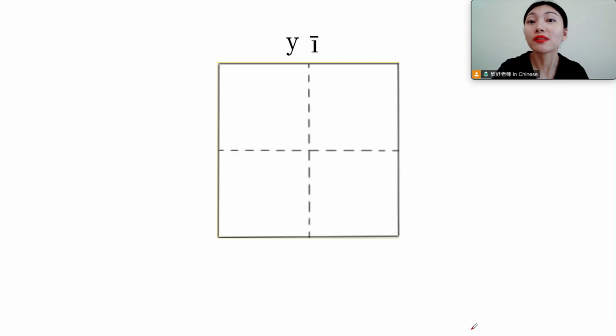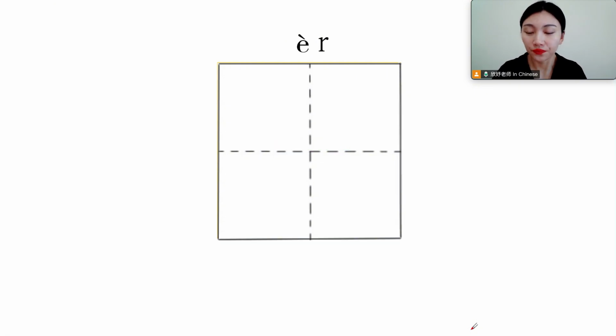Now let's learn some simple numbers using the strokes we just practiced. So grab a piece of paper and a pen and write them together stroke by stroke. Okay, are you ready? So the first one is 一, which means number 1. Let's write 一 together. Very easy. Okay, so the second one, we say 二.